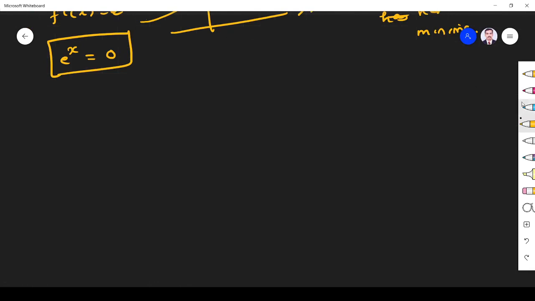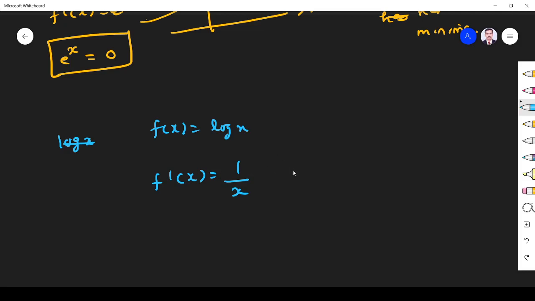Then another thing we have to take is f of x is equal to log x, right? So in order to find where the slope becomes 0, we have to take f dash of x. f dash of x will never become 0. It will become 0 only at infinity.